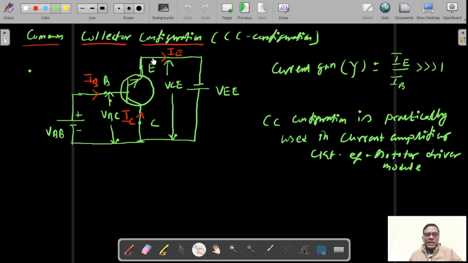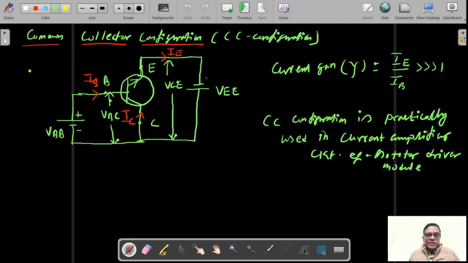Accordingly, I am marking the emitter current in the same direction as the arrow shown here. The emitter current is outwards, so IB and IC should be inwards. Both should be inwards. So according to the direction of the emitter current, I have biased the emitter and collector.